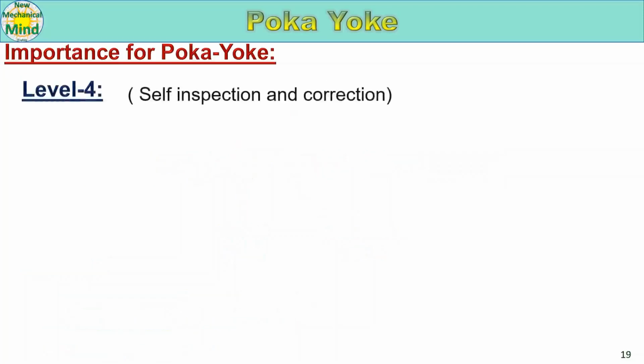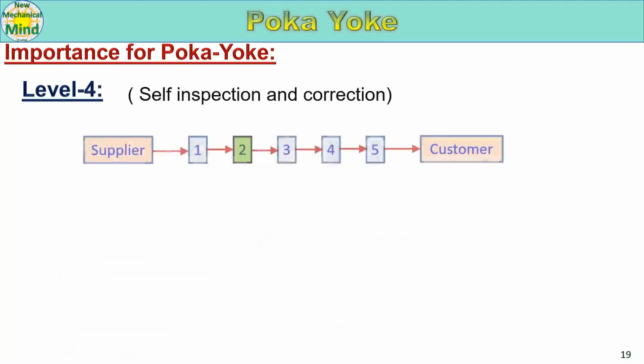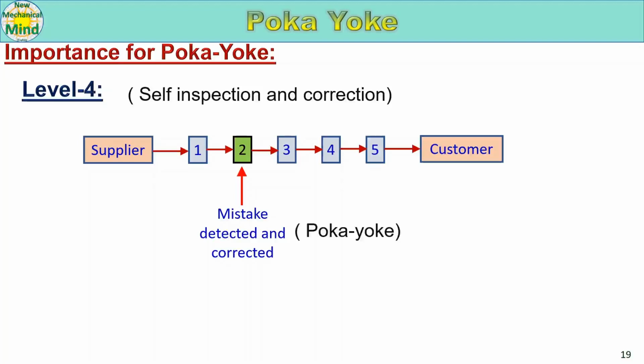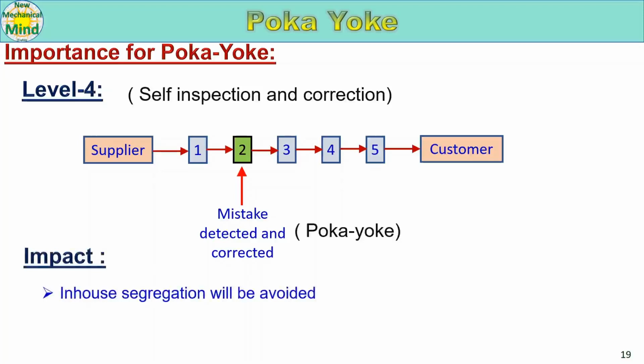Level 4, self-inspection and correction. Let us assume the same production process in level 4, the mistake is detected and corrected in stage 2 itself. That means Poka is provided. Then the impact will be that in-house segregation will be avoided. Dispatch will not be affected.